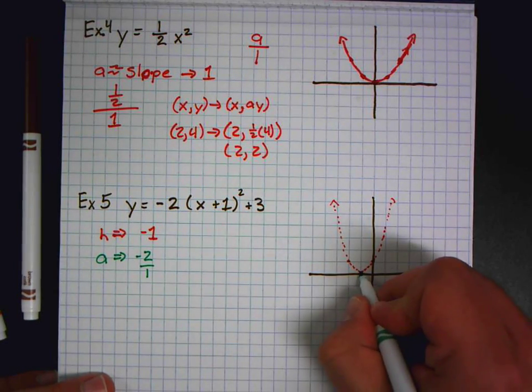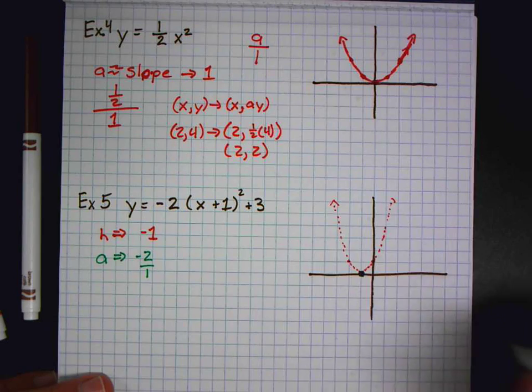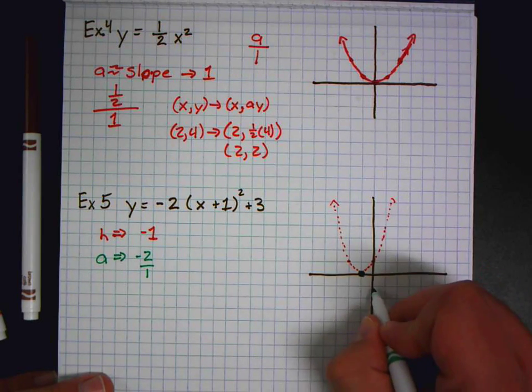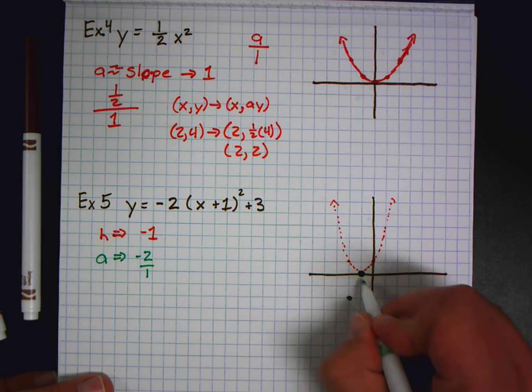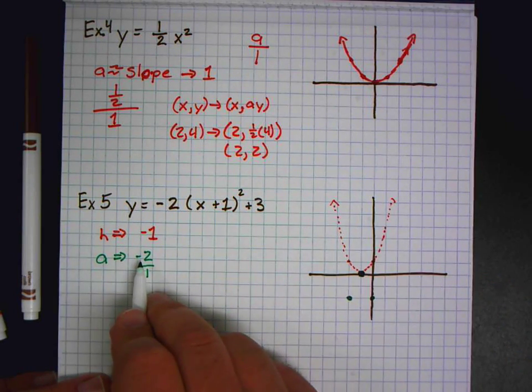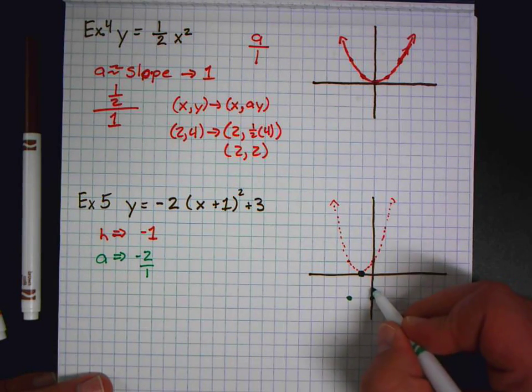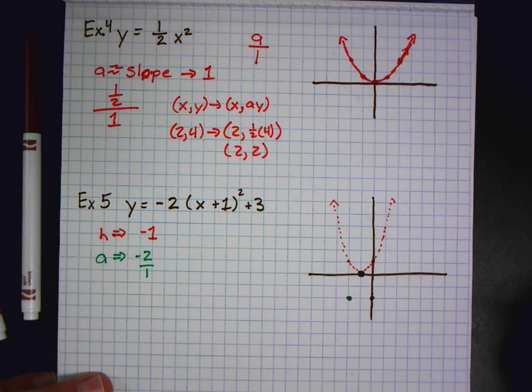This point stays where it is. These points I'm going to take down here and here, because my slope is now -2. So I go over 1, down 2.